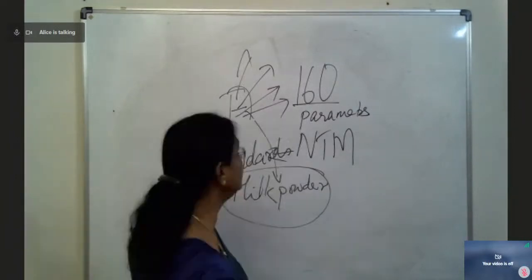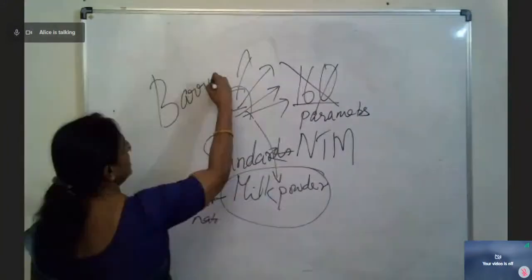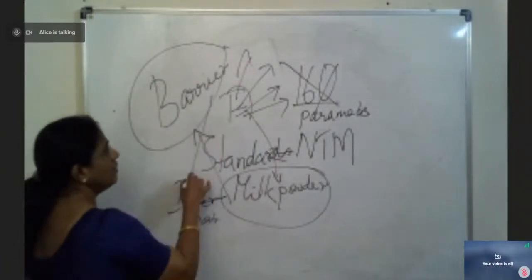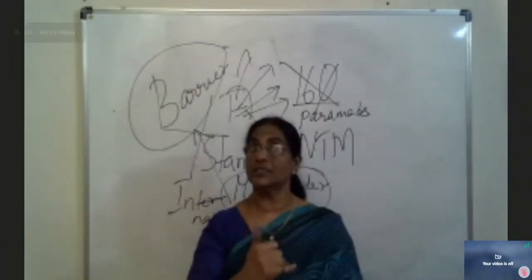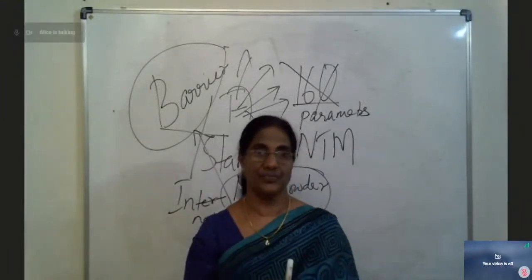So, I am using these standards as a barrier. I am saying extreme standards so that the milk powder produced abroad will not enter my country, so that our milk powder manufacturers are not exposed to competition. Then it is a non-tariff barrier.